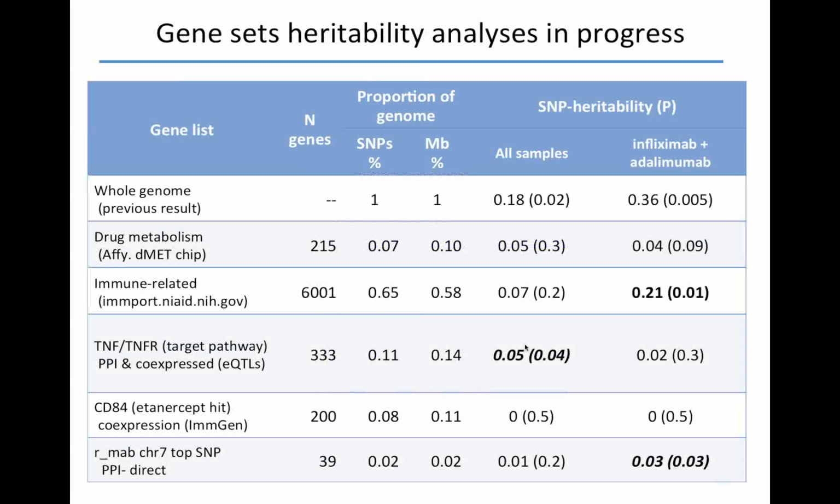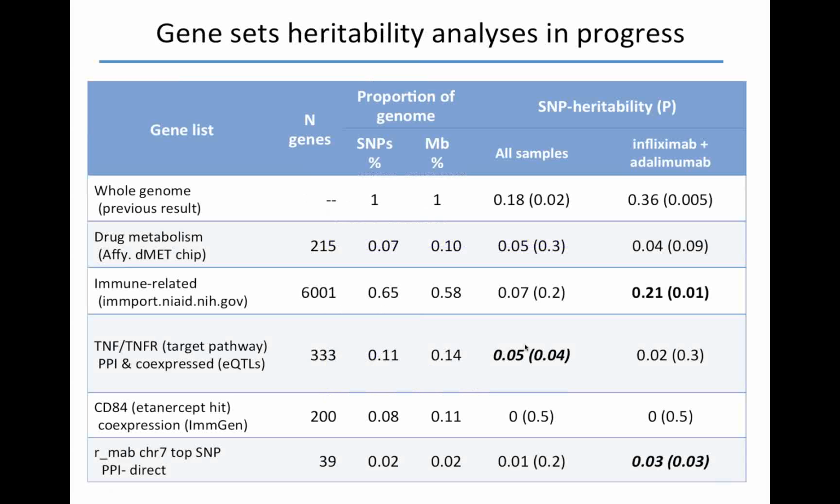But we do see some intriguing results if we look at the results that I've made bold and italics. So the next row down, for all samples, 0.05 heritability is about a quarter or more than a quarter of the total SNP heritability, but coming from 0.11% of SNPs, so 10% of the genome giving 25% of the SNP heritability.